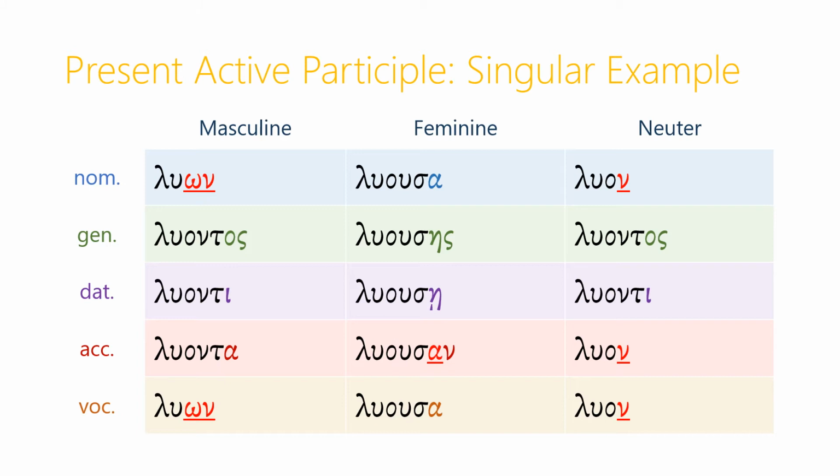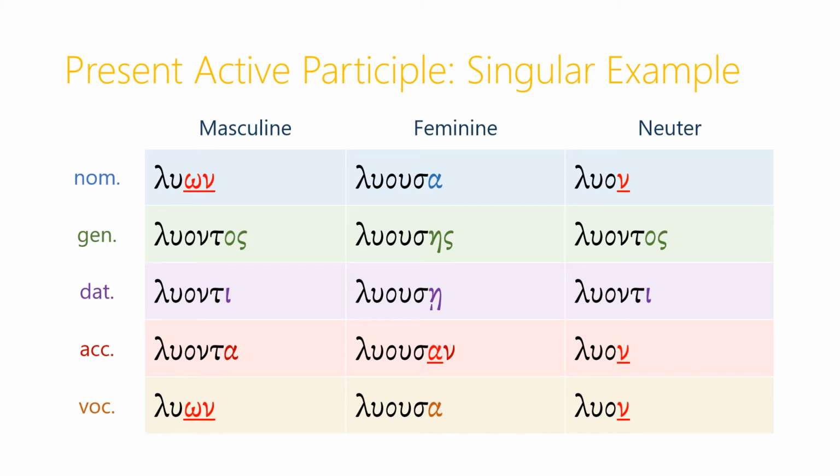This all means that really you don't have any new forms to memorize here, except for the irregular on and on endings in the masculine and neuter singular, and just remembering that in the accusative feminine singular, you use the alpha connecting vowel again instead of the eta connecting vowel.